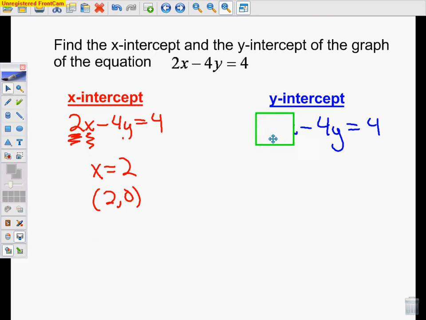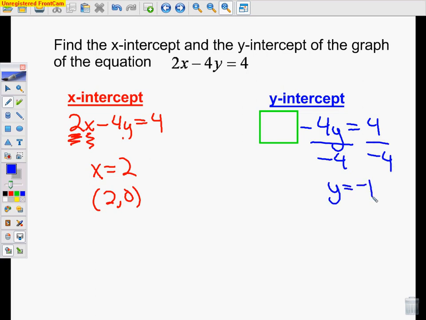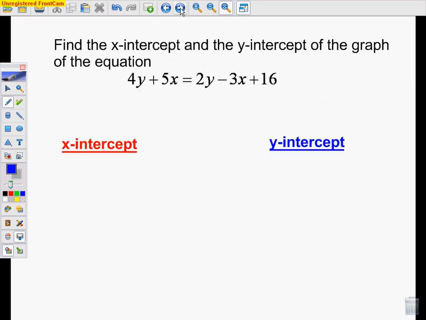That leaves us with -4 times y equals 4. So -4 times what will give us 4? Well, if you don't know, you could always divide both sides by -4, and you'll see that y equals -1. So the ordered pair, our y-intercept, is 0 for the x and -1 for the y. Okay, so those are our x and y-intercepts.